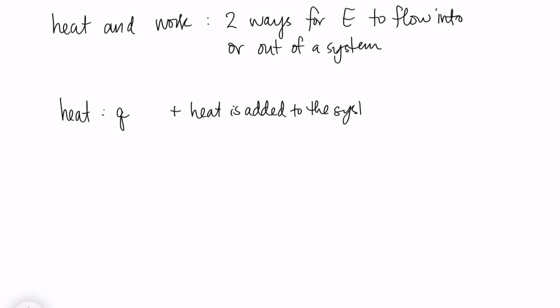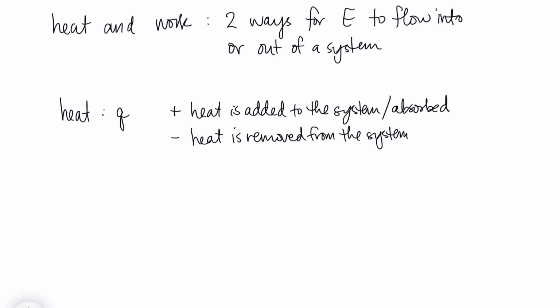Another way to say that is that heat is absorbed by the system. Because the energy of the system is increasing, the sign of our Q will be positive. We can also have a negative heat, and that means that heat is removed from the system, or another way to think about that is that it's released.